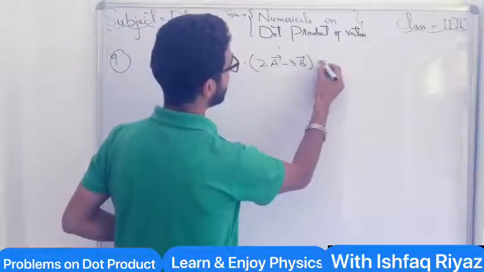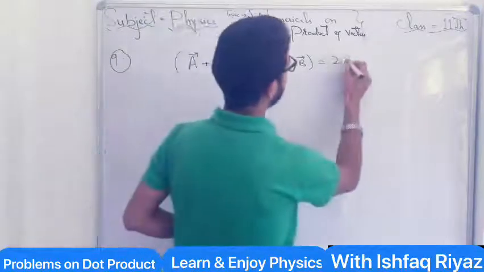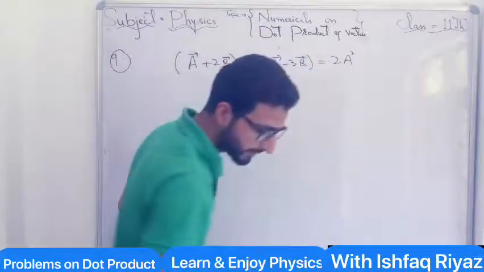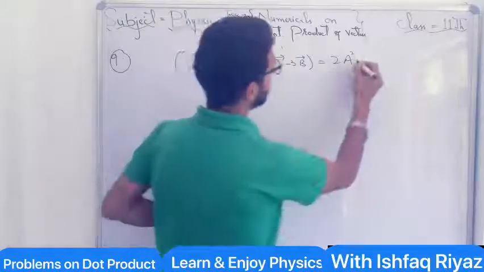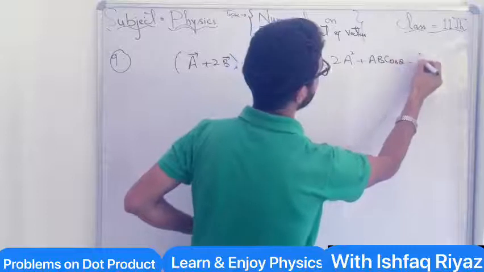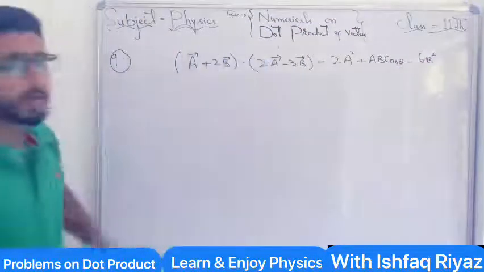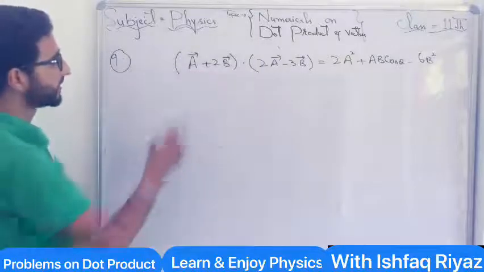We have to prove that this dot product is equal to 2a square plus ab cos theta minus 6b square. So I will take the LHS of this equation to prove this.